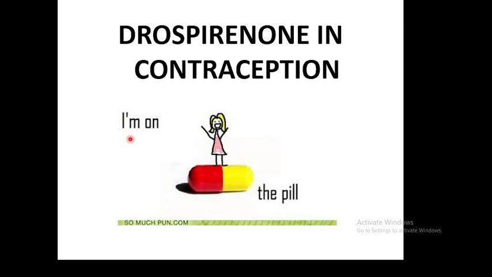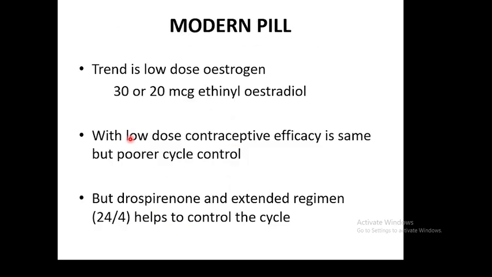What about fourth generation progesterones in contraceptive pills? Now the trend or the fashion is very low dose estrogen, which contains 20 to 30 micrograms of ethinyl estradiol. But the problem is the lower the estrogen dose, the poorer the cyclical control, but contraceptive efficacy remains the same.